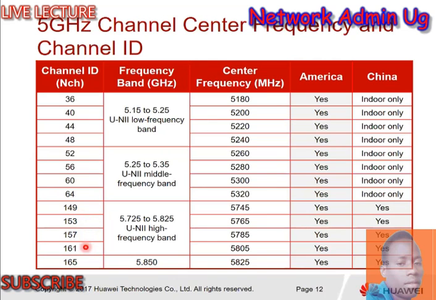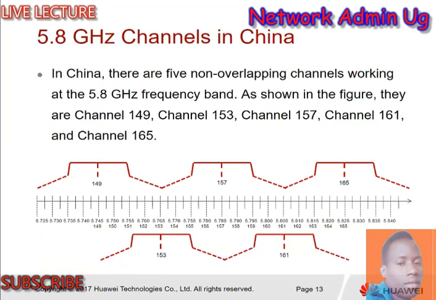These channels are the non-overlapping channels that work at the 5.8 gigahertz band. That is how the 5 gigahertz center frequency band is being used within China.